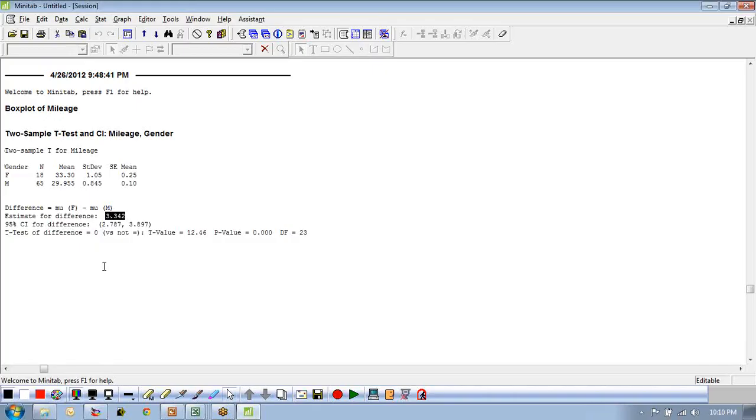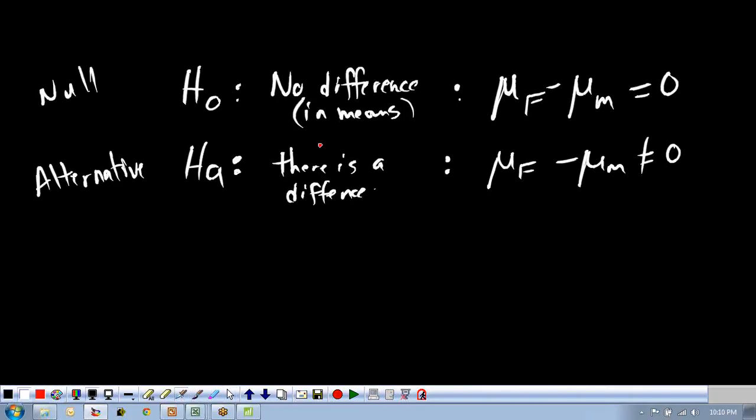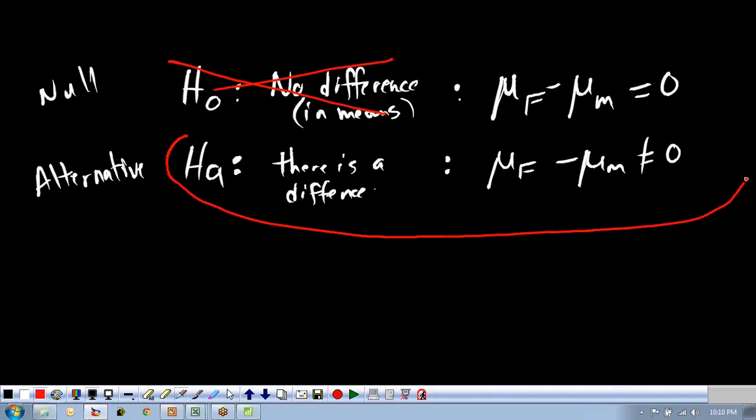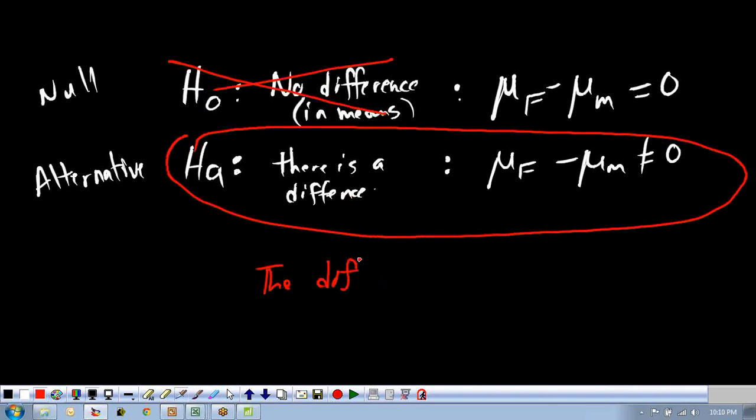Okay? So again, in both cases, Minitab and Excel Stats would say we're rejecting this. We assumed it was innocent, no difference, but we're rejecting that in favor of the alternative. There is a difference, and that just means that the difference is statistically significant.